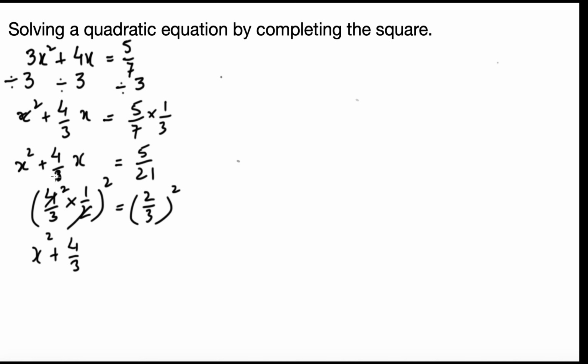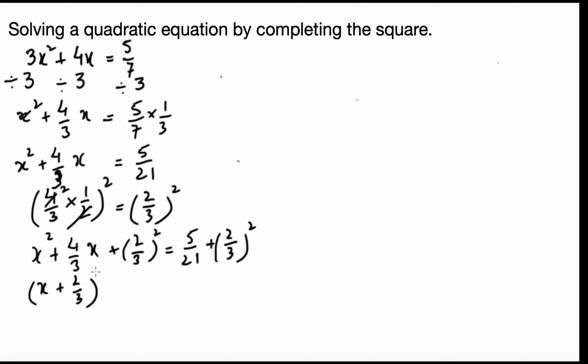We add this on both sides. So this one makes (x + 2/3) whole squared.